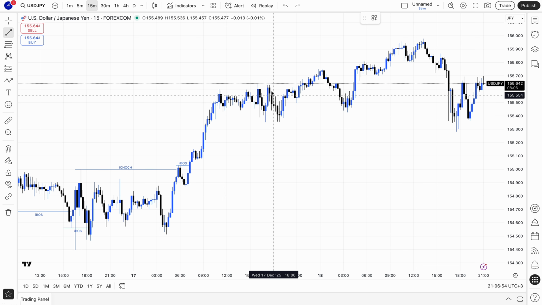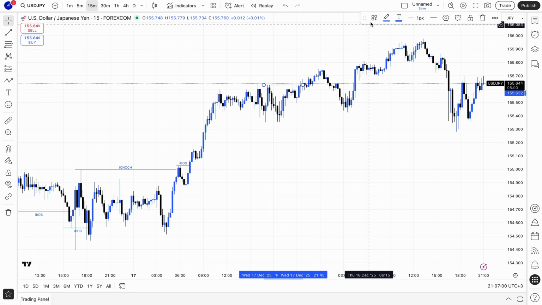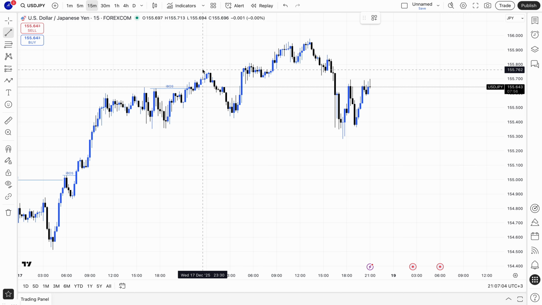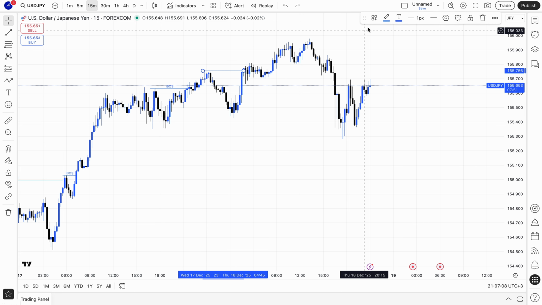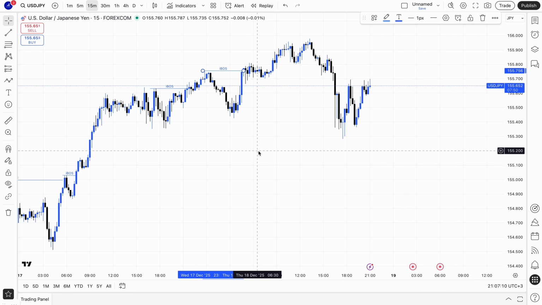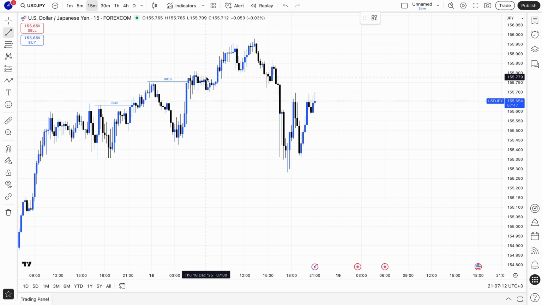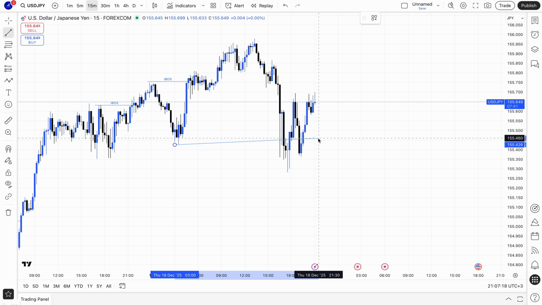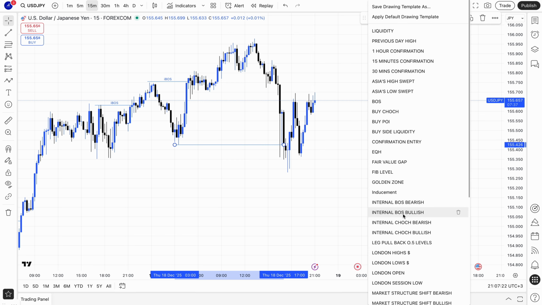Then you had a pullback, then a break, then you had a pullback, then a break of structure to the upside. And then you had a change of character to the downside.